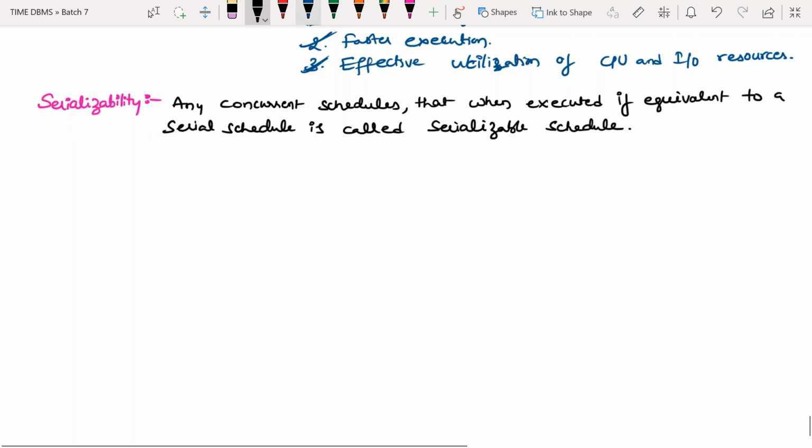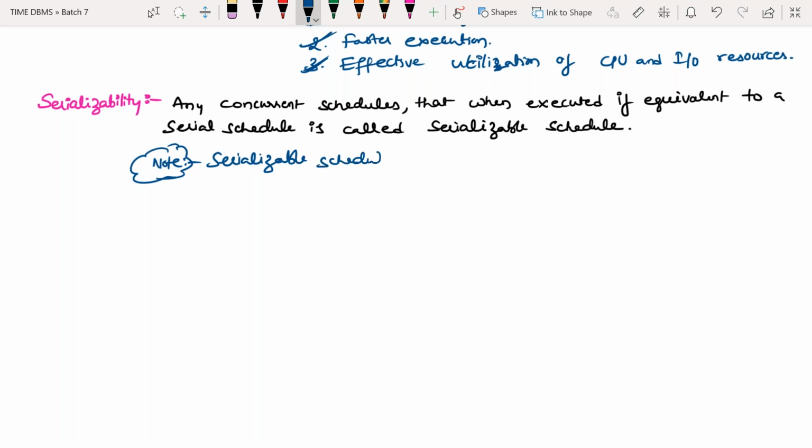So here I am writing one note point: serializable schedules ensure consistency, correctness. That is what we call serializability.